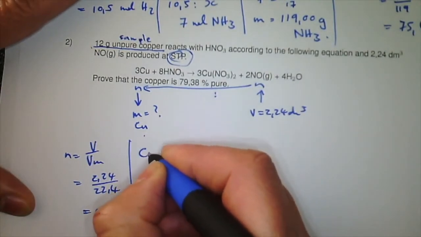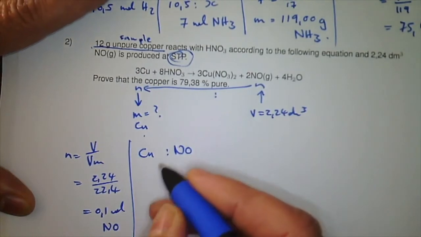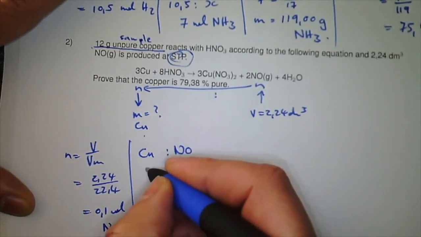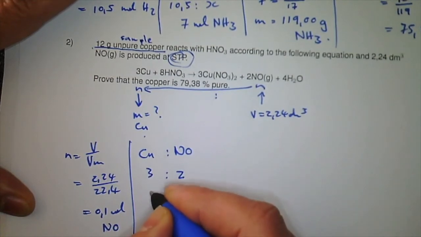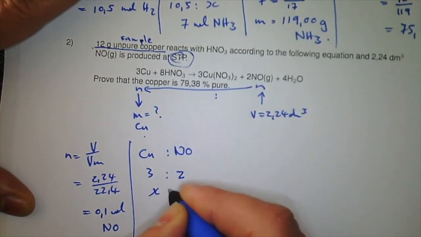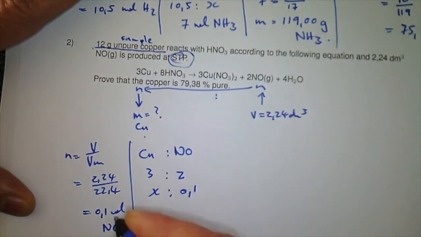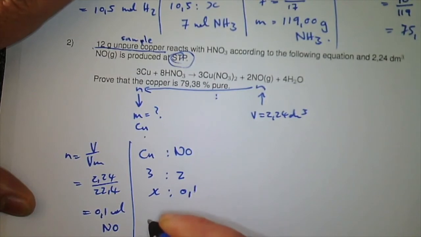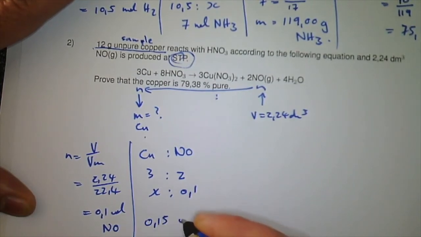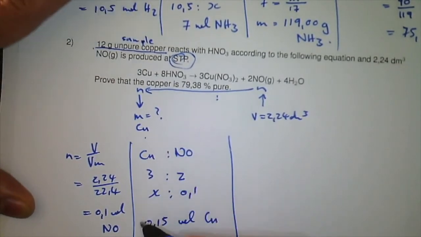So I'm working from copper to NO, and that will be 3 to 2. And then also I'm looking for the copper, and I've got the NO, and that is now 0,1. And cross multiplication, and then I end up with 0,15 moles of copper. So I've moved to the copper.